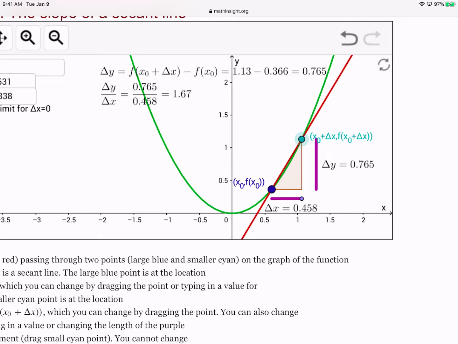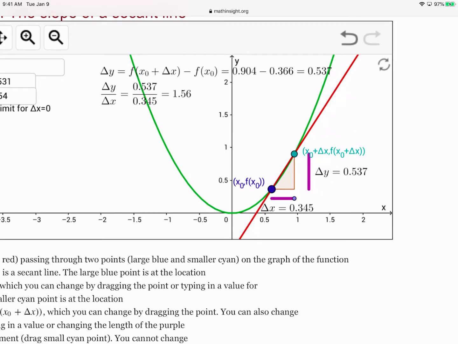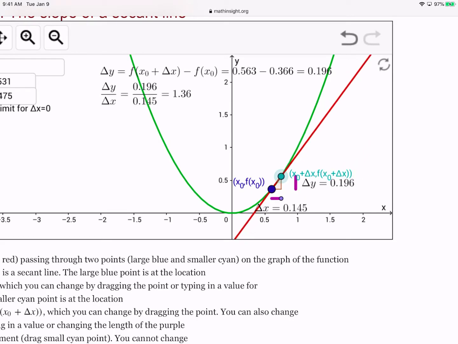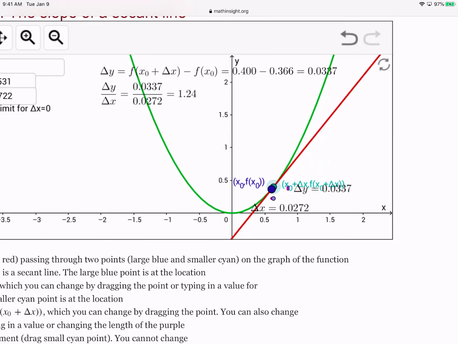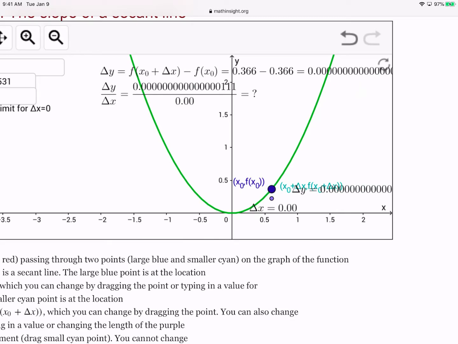And then as I move that point closer, that change in x gets smaller and smaller as I approach overlapping points until it's 1 point and my change in x is 0. So we call that the limit as the change in x approaches 0.